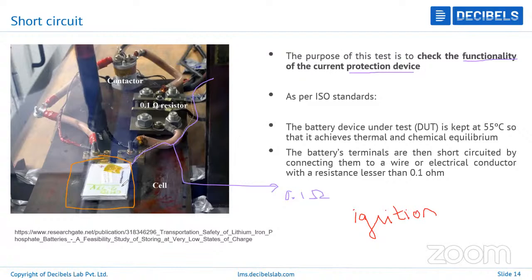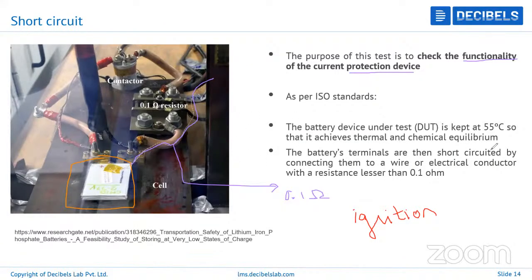Repeatedly, this particular cell will be subjected to the short circuit test until such time it either catches fire or passes the test successfully without any ignition. So this is the main criteria of the test. All of these pouch type cells will undergo an external short circuit test like this.